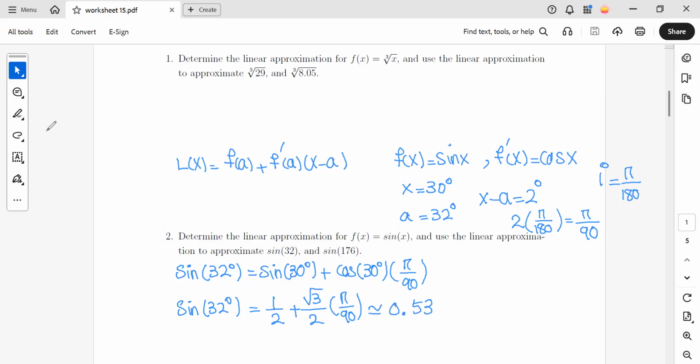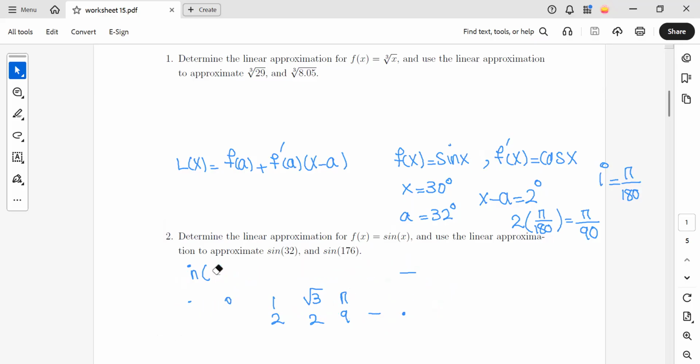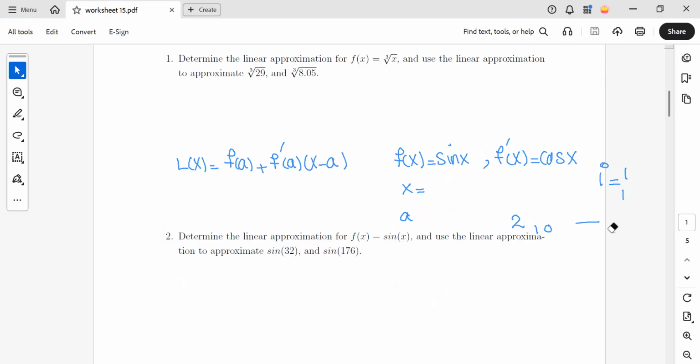For the next one, which is sine of 176, again, we're going to think of a number near that. In this case, a would be 180 because the closest number to 176 that we know the sine and cosine of is 180.